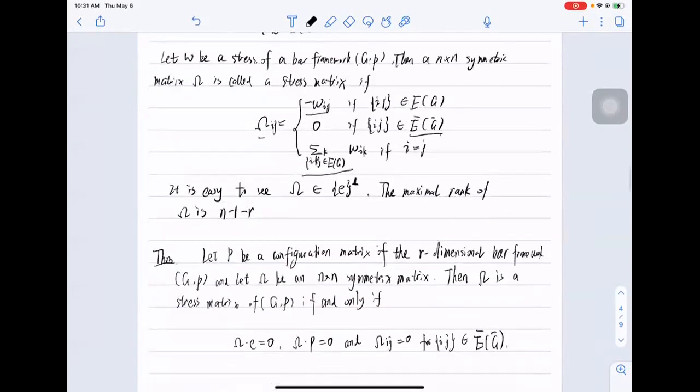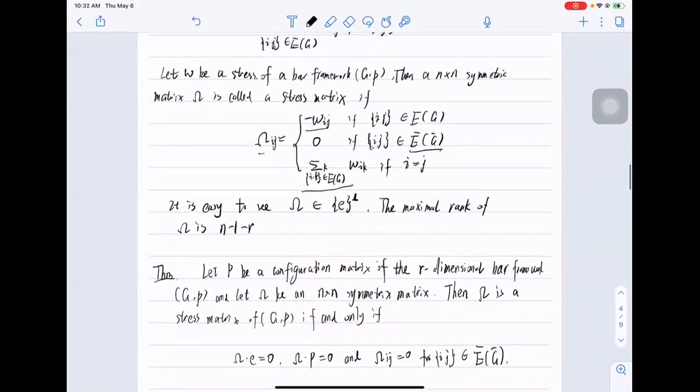So it's easy to see that omega is in the orthogonal subspace of E, so omega times E is 0.